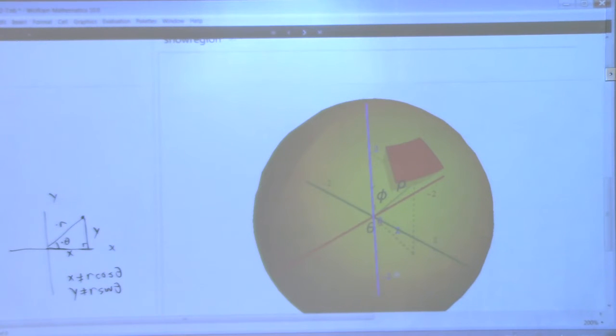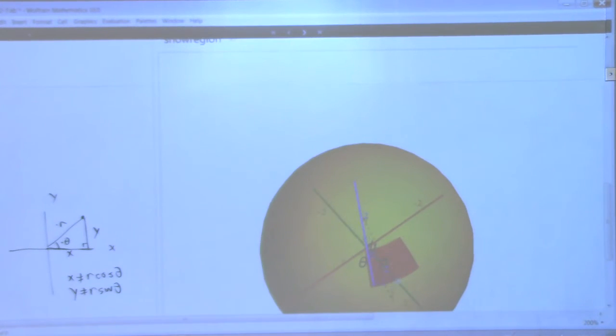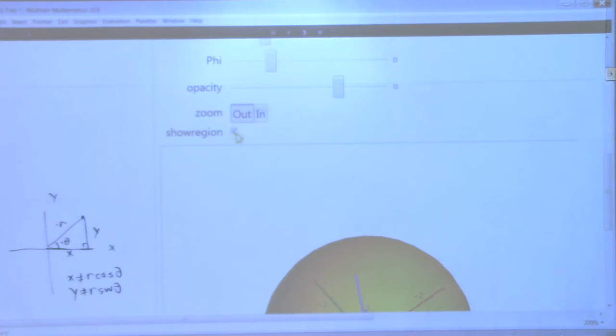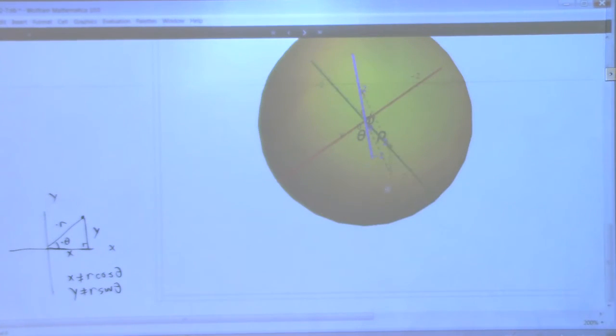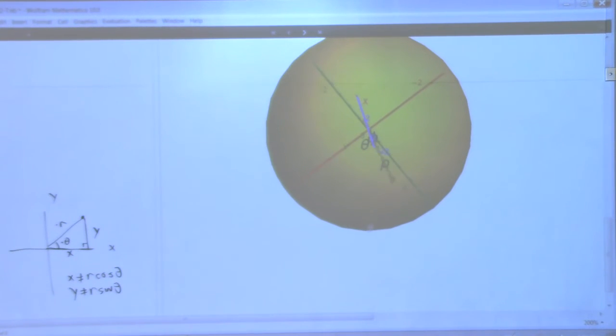And your x and y wouldn't change. I'm thinking of just projecting this onto the XY plane, since z doesn't have anything to do with theta. So it's kind of like even if you go out in z, you're still making a right triangle.